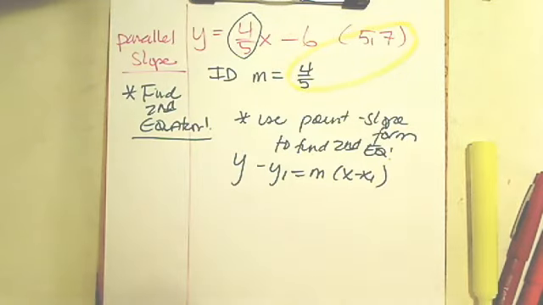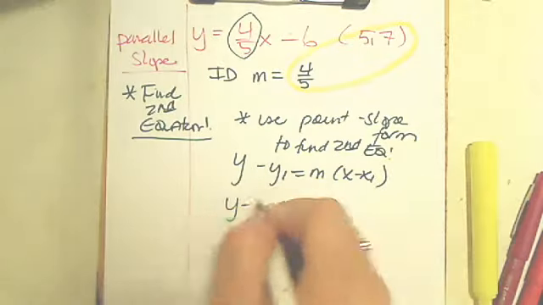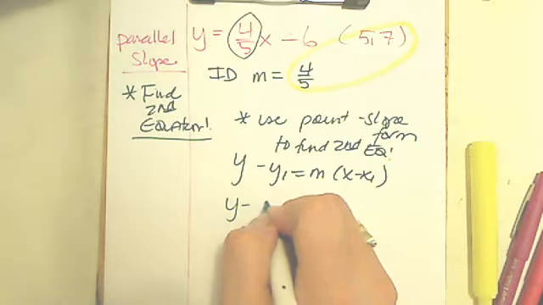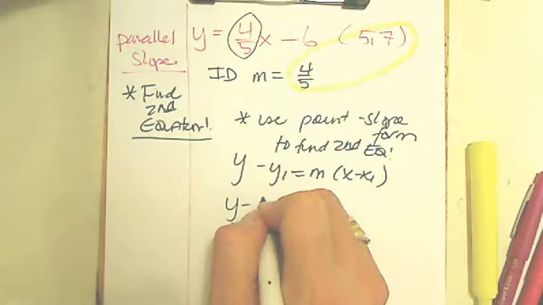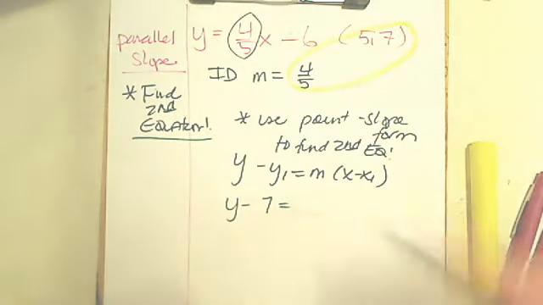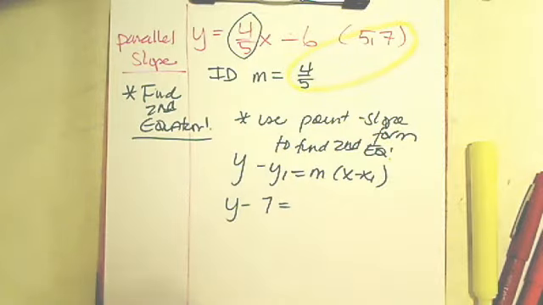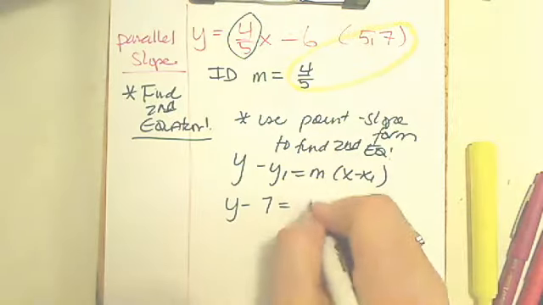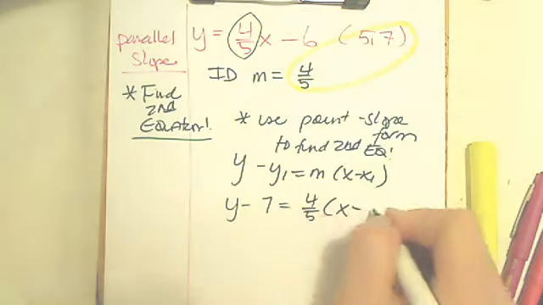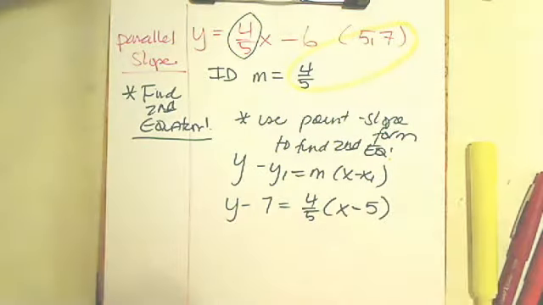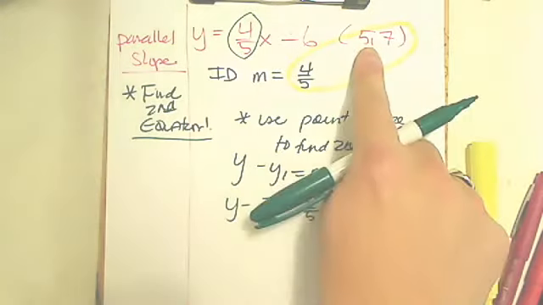I'm going to stop right here. Any questions in this part so far? Okay. Y minus 7 equals, you can start doing a lot of these in your head, 4/5 times x minus, how about 5? Why? Because it's x1.